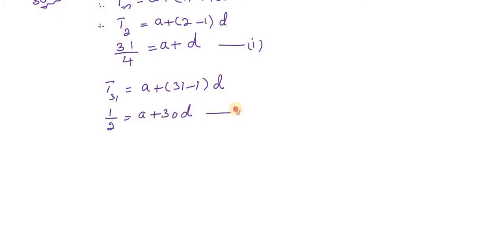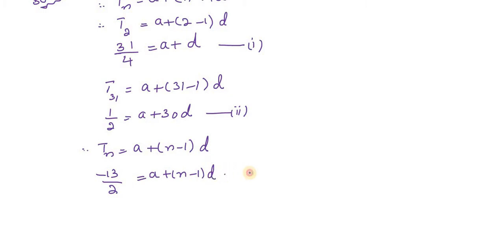We say this is our equation number 2. And the last term Tn is equal to A plus n minus 1 of D, and the given last term is minus 13 upon 2 is equal to A plus n minus 1 of D. This we say equation number 3.